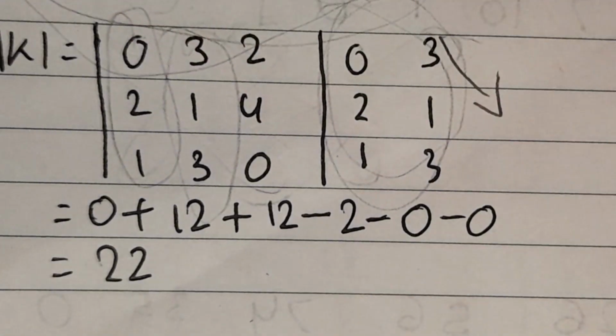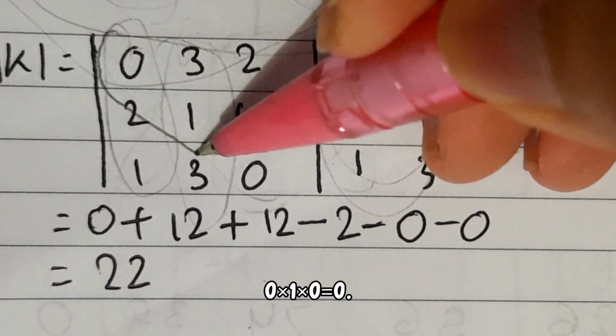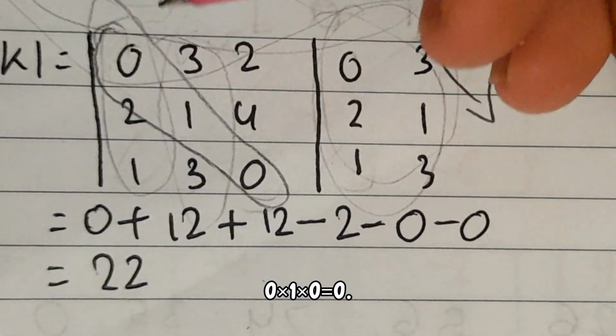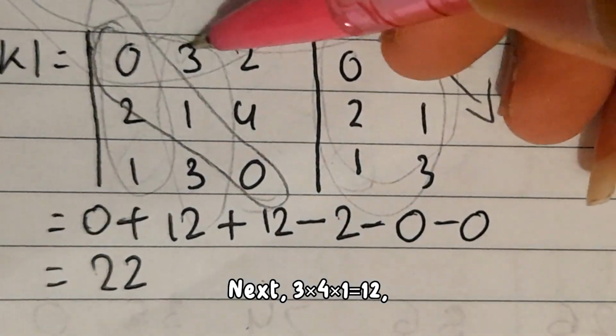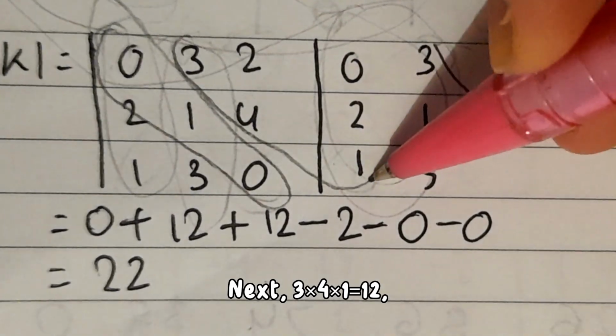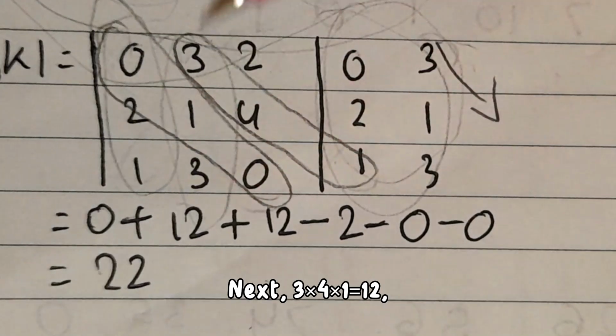So, 0 times 1 times 0 equals 0. Next, 3 times 4 times 1 equals 12.